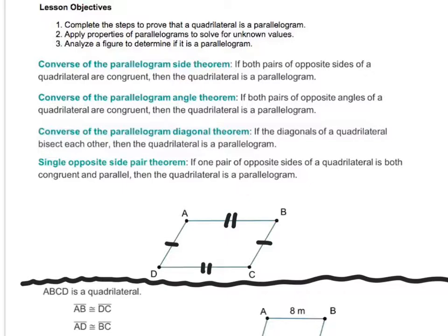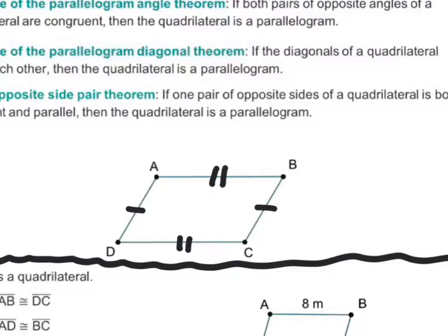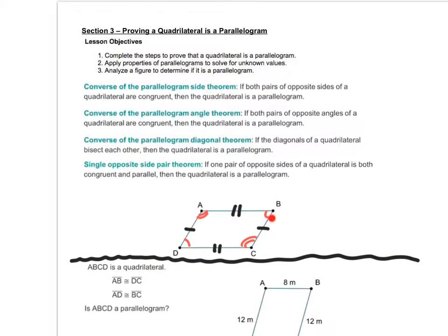It says if both pairs of opposite angles of a quadrilateral are congruent, then you have a parallelogram. So if I come in here and I say, all right, angle D is congruent to angle B, angle A is congruent to angle C, okay? If I see a picture and I have that information, I know that we have a parallelogram.